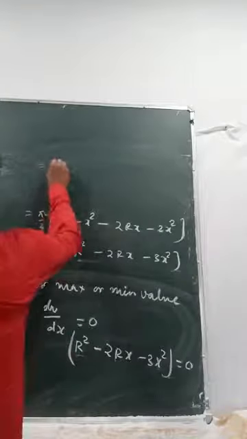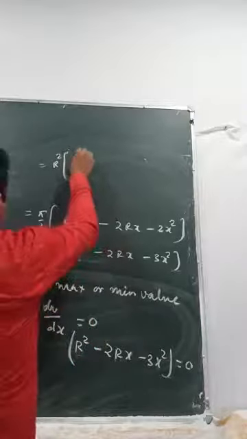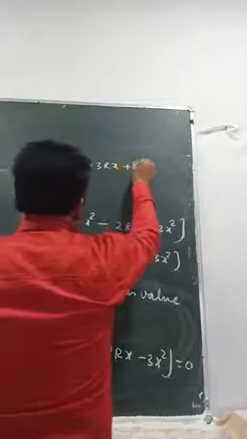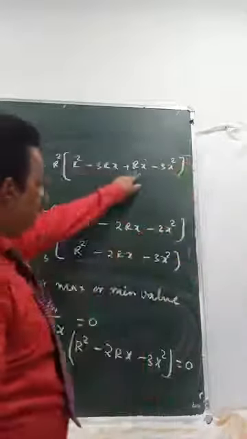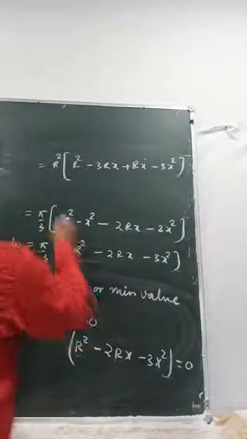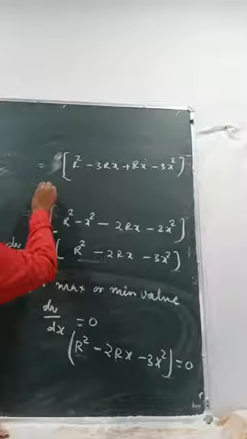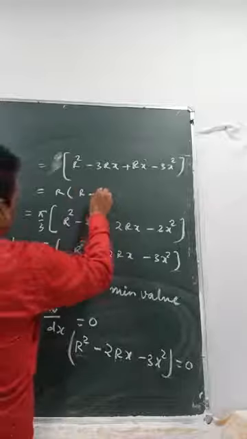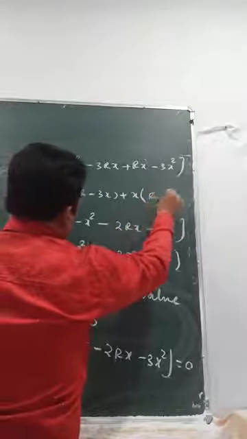That is r square, this is r square minus 3rx plus rx minus 3x square. Splitting the middle term, minus 3rx plus rx. So this is okay. R common, r minus 3x plus x common, r minus 3x.